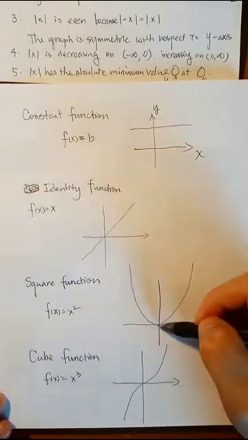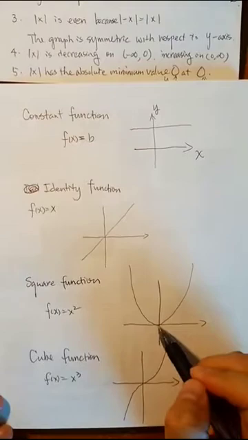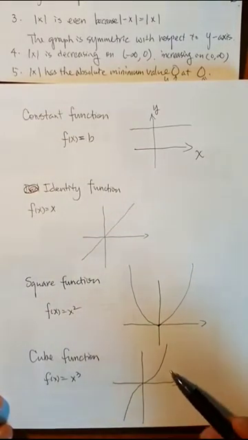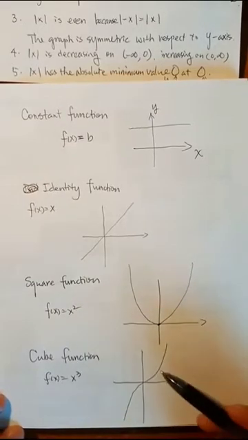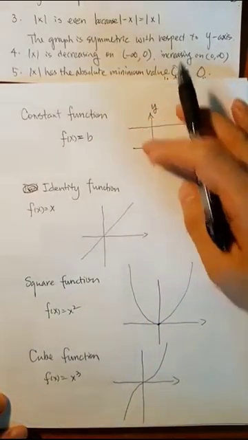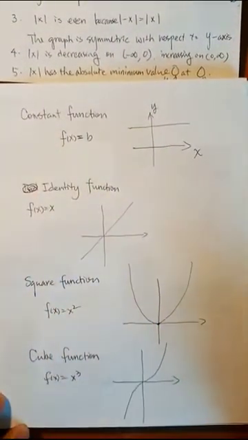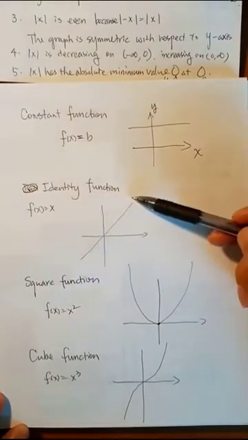The square function on the left branch is decreasing, the right branch is increasing, and it has an absolute minimum value. A cube function is always increasing. It does not have any local extrema. All these four functions have the domain from negative infinity to positive infinity. For the identity function, the range is from negative infinity to positive infinity.